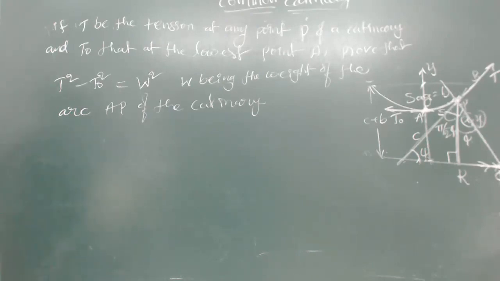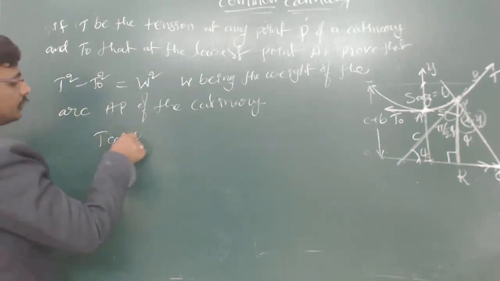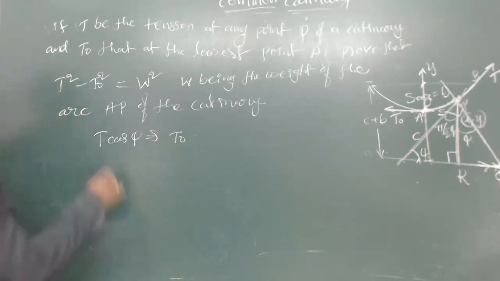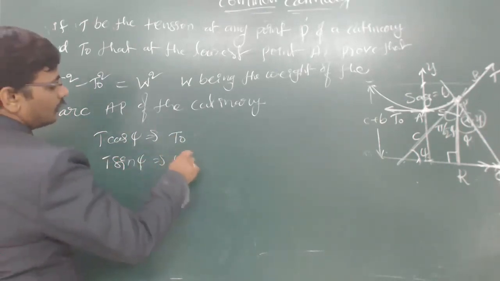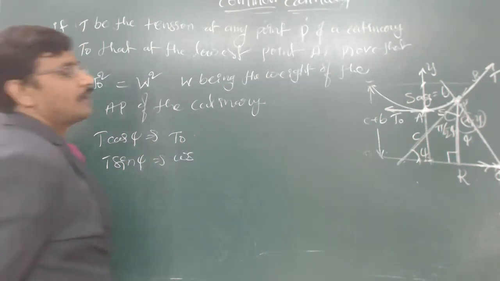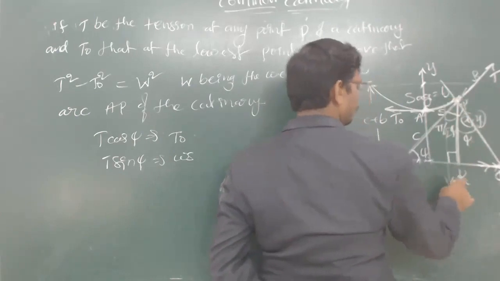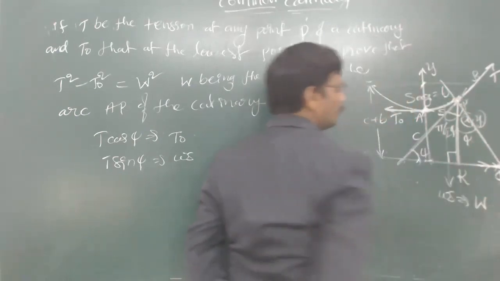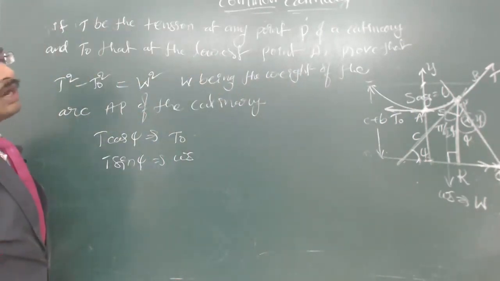So here T cos psi is the horizontal component, so that is T naught, and T sin psi is equal to Ws, which is nothing but the weight of the arc AP, which is acting at the center of gravity, like this. This is Ws, which we now call capital W, because he stated that Ws is the weight of the arc.